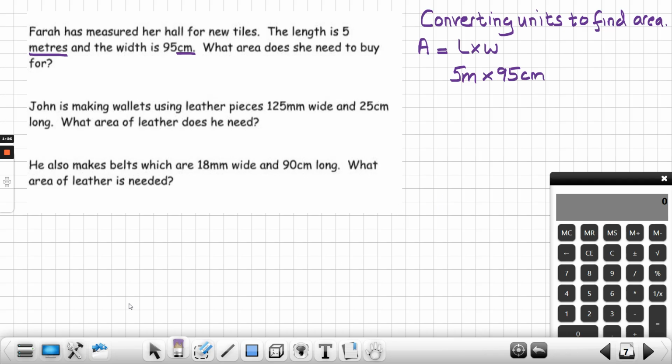So the first thing I'm going to do, and you can always do this if you don't have a chart to hand, think about the different units. You've got millimeters, and I'm going from small to big, centimeters, meters, kilometers, and then I know that there are 10 millimeters in a centimeter, 100 centimeters in a meter, and 1,000 in a kilometer. And there's some hints there. First of all, as these go up in size, so do the numbers.